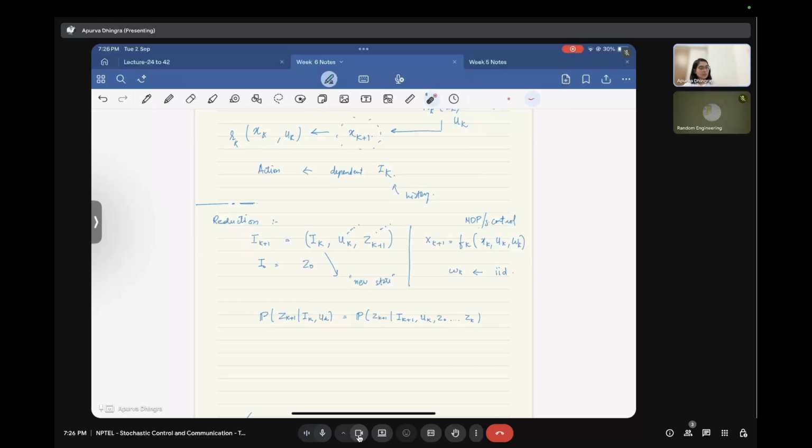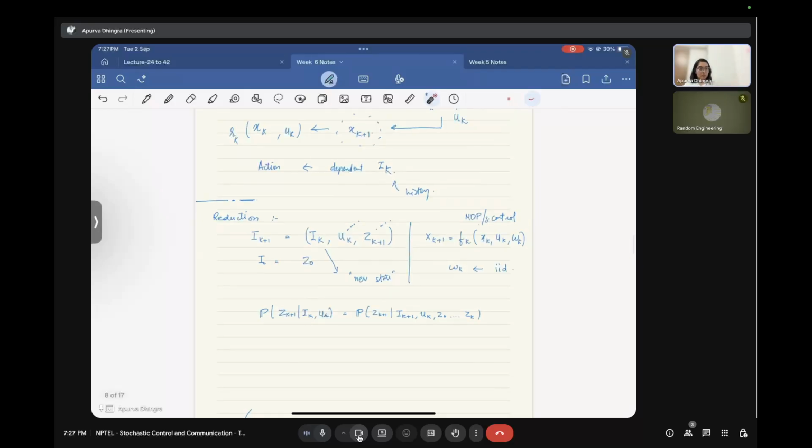All we are trying to do is go back to our DP algorithm, right? That's the reason why we are talking about a reduction of the space. We're talking about the reduction of the problem in the sense that this is what we're referring to as a state. If this is the state, this is the action, this is just the source of randomness. Even though the randomness has a conditional Markov behavior, the DP algorithm still holds even in this setup.